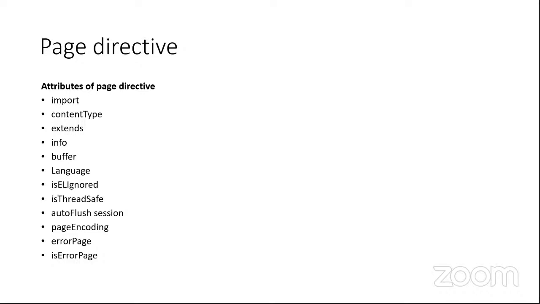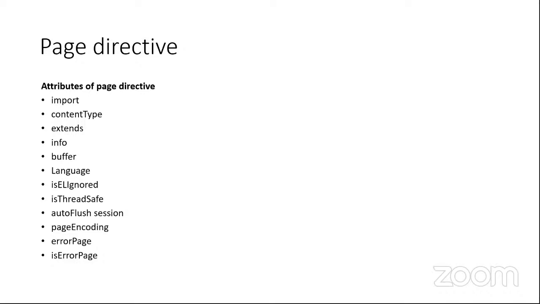We have many different types, and we can set that by using the content type attribute of this page directive. And extends: as usual, if we want to extend any classes or interfaces, we can use this. Info: if needed to get any information about any resource, we can use this info attribute.